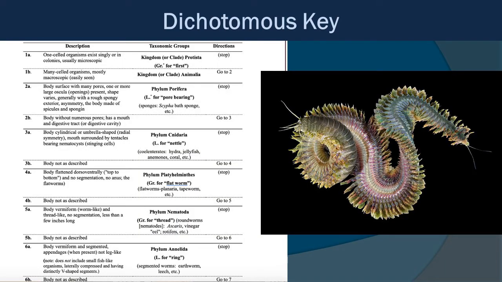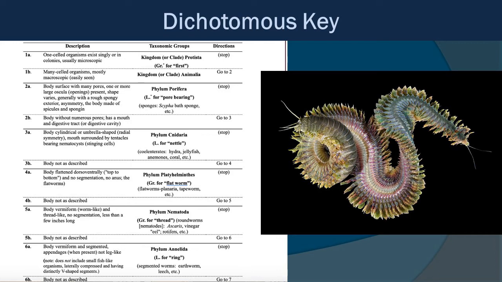So let's give it a shot using this image. You can definitely tell it probably looks like some sort of worm, right? But let's figure out what phylum it is found in. If you go to the first question, it says 1A and 1B. You'll see the 2 different parts of the one question. 1A says one-celled organism, exists singly or in colonies, usually microscopic.